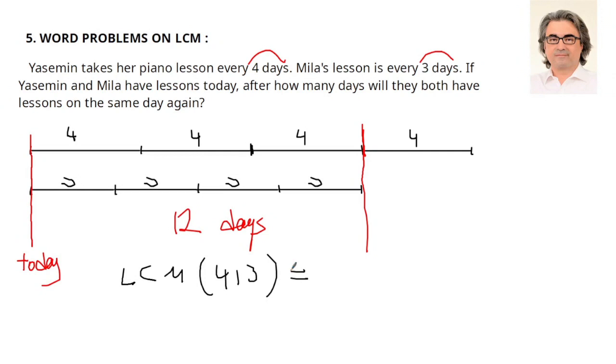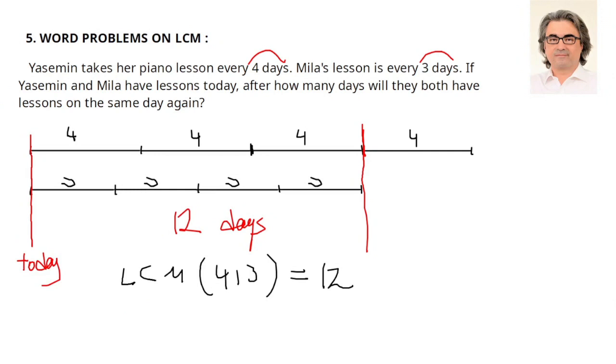You should find a number which is divisible by 4 and 3 at the same time, and the smallest number having this property, 12. So finding the least common multiple of 4 and 3 is enough to find the answer of the question. Okay.